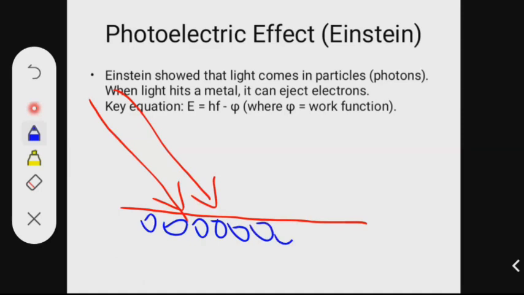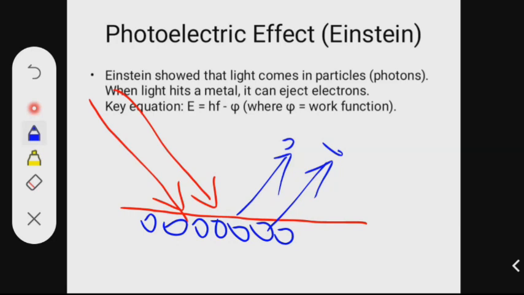Once they've absorbed enough energy, reaching an energy equal to this phi, it's like as if they've gotten belly full, they've gotten satisfied. This minimum energy is just phi. Once they've gotten energy equal to phi, any extra energy they take in, they will start jumping out of this metallic material. The electrons will start jumping out one by one.